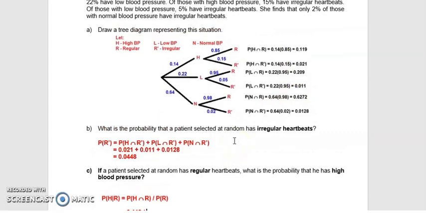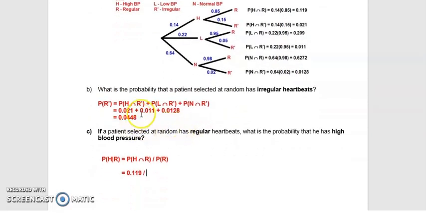Instead of adding one by one, you can use the complement rule as I said before. The simplest is the complement rule: 1 minus the probability of R prime. So the answer is 0.1246.